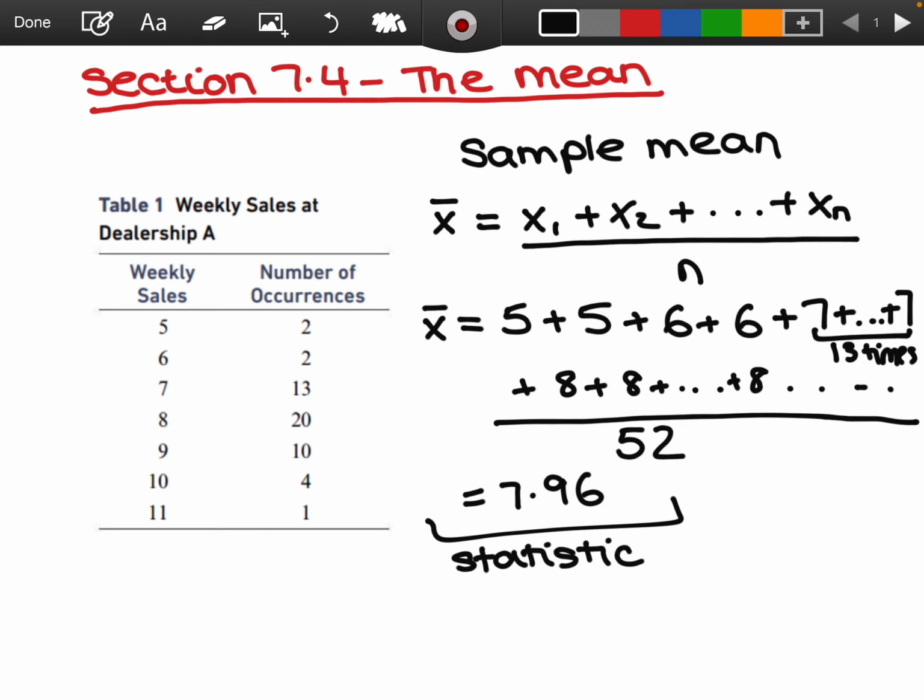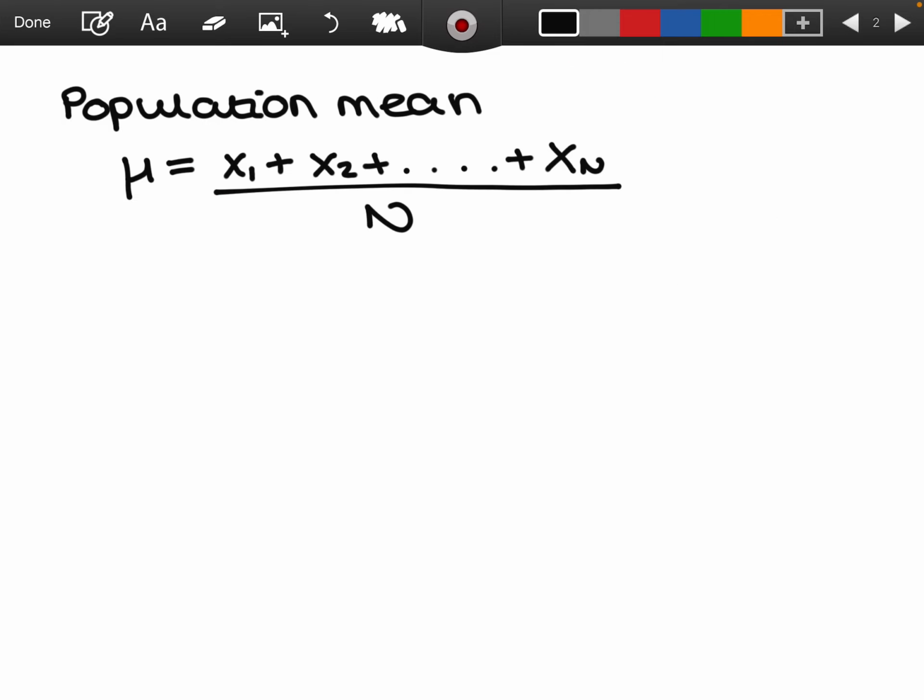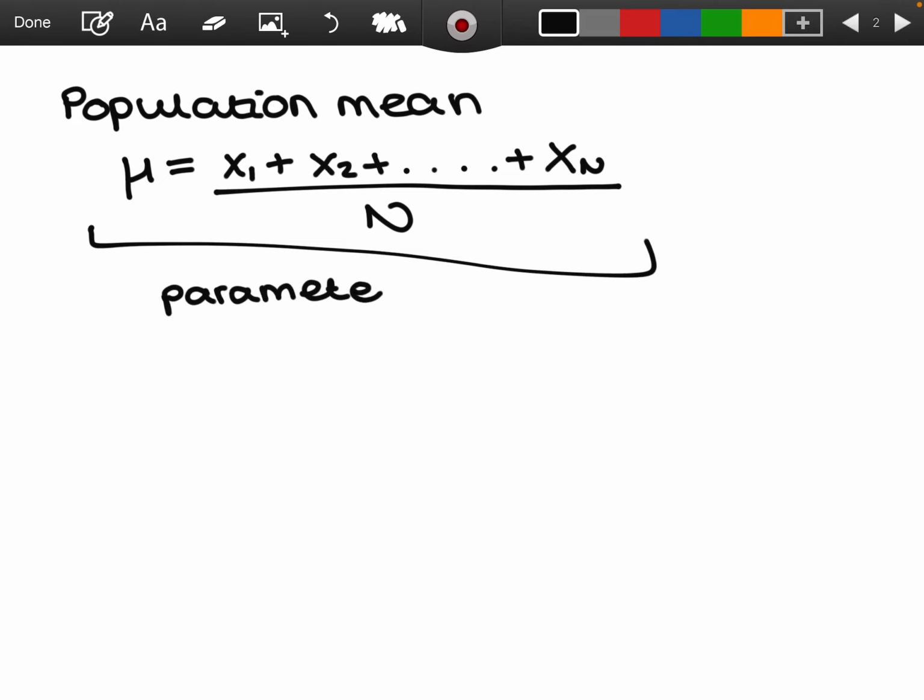Okay, so the sample mean is a statistic because it is a numerical value that represents something to do with a sample. It's called a statistic. Anything that is a numerical value used to describe something for a population is called a parameter. This will also come up again when we look at variance and standard deviation in our next section.